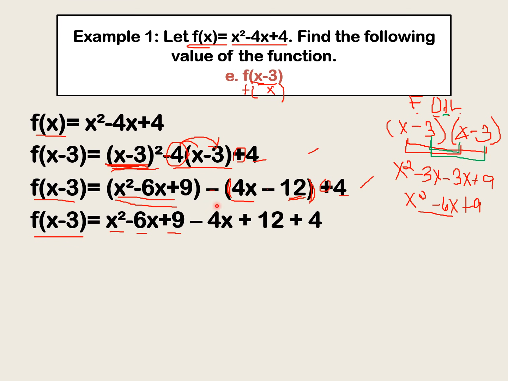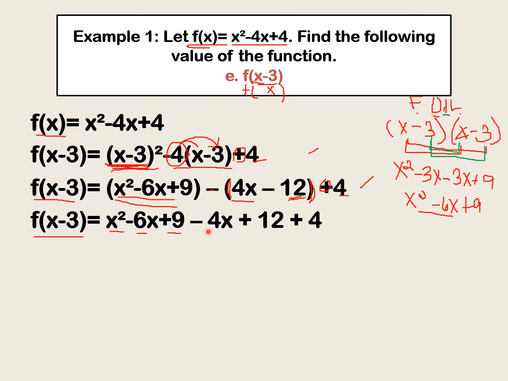Okay? So, bale, negative, ito, positive 4x, magiging siyang negative 4x. Then, ito, negative, tas negative ito, yung negative ng 12, mapapalitan siya ng positive. Tapos, plus 4. Okay? Next!